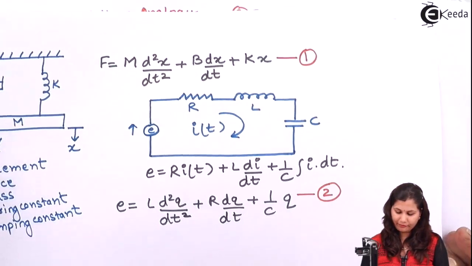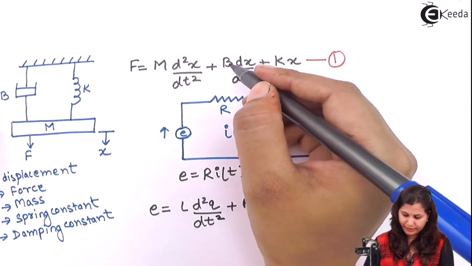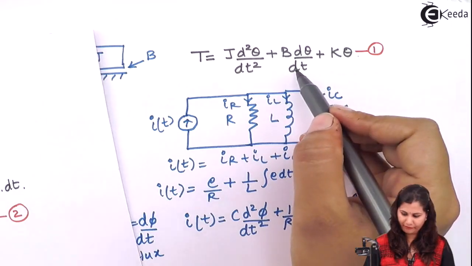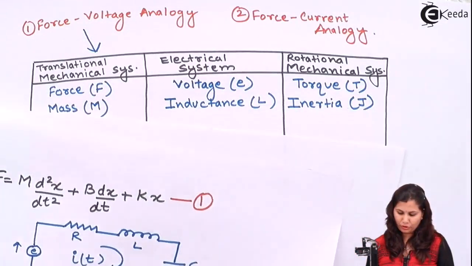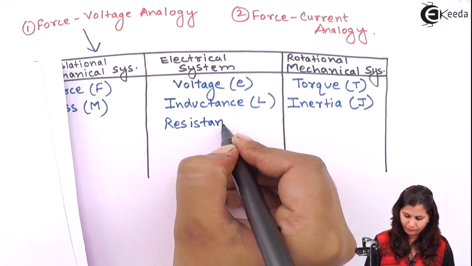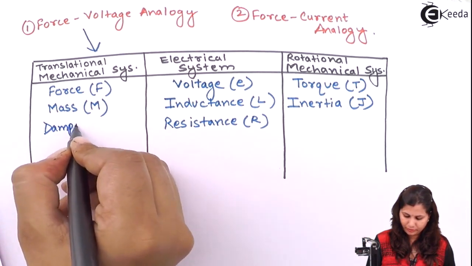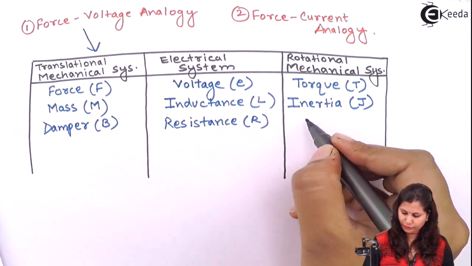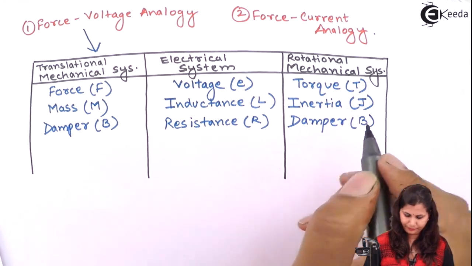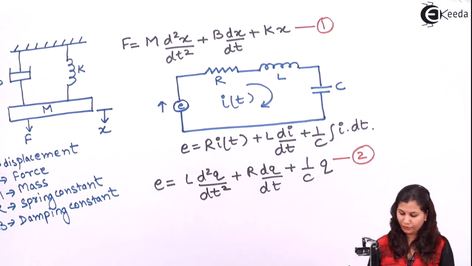Now comparing the next variable, we have the damper B, and here we have the resistance R, and here also we have the damper B. So for the electrical system we have resistance, which is equivalent to damper here, and here also it is equivalent to damper B. Now the last, we have 1 by C, that is the reciprocal of capacitance.